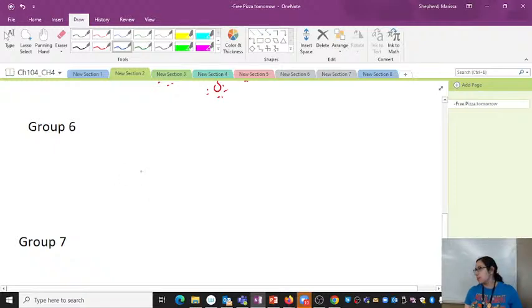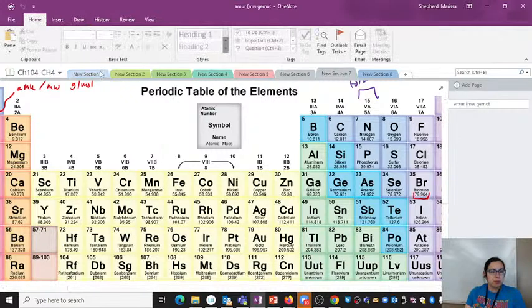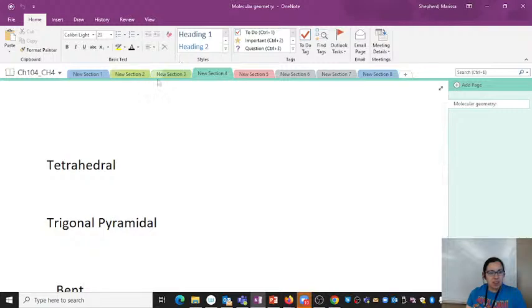Has everyone looked at their periodic table? For group 6, don't look at transition metal group 6. Don't overthink it. I was just going for water there. Oxygen's our first one on the row.